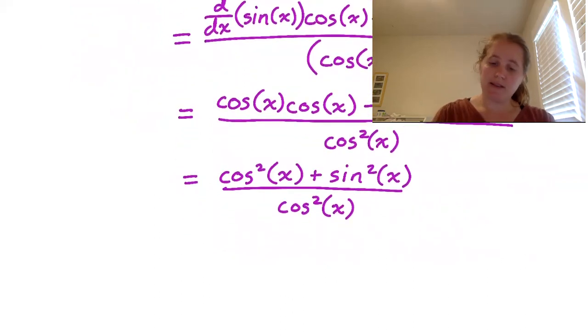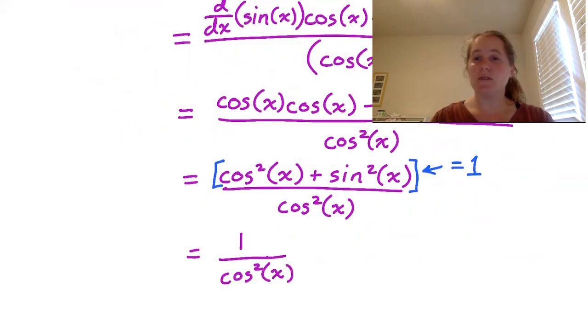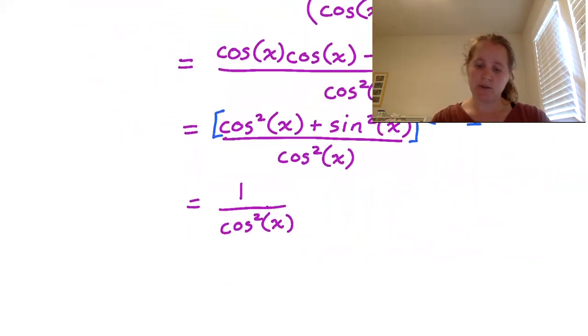Cosine squared plus sine squared is equal to 1. That's our standard trig identity. So we simply have 1 over cosine squared of x. And 1 over cosine is secant, so 1 over cosine squared is secant squared x.